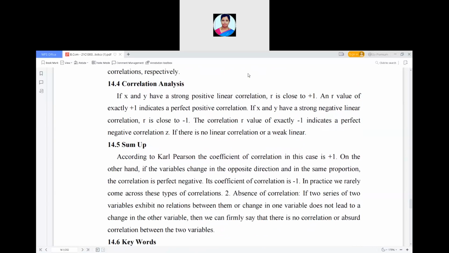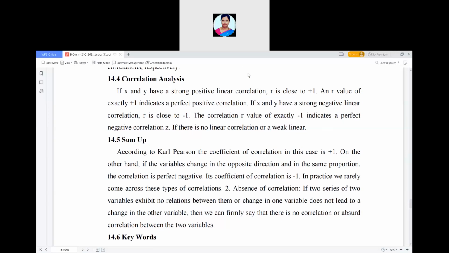Then there is absence of correlation: if two variables exhibit no relation between them, or a change in one variable does not lead to a change in the other variable, then we can firmly say that there is no correlation between the two variables.